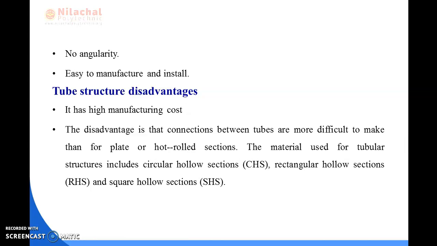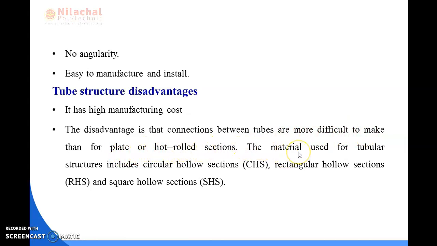As we know, the connection part is somehow a very big problem in construction work. First of all, it has high manufacturing cost. The second disadvantage is that connections between tubes are more difficult to make than those from plate or hot rolled sections.